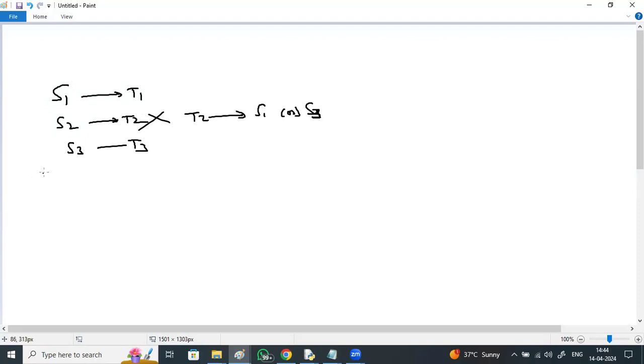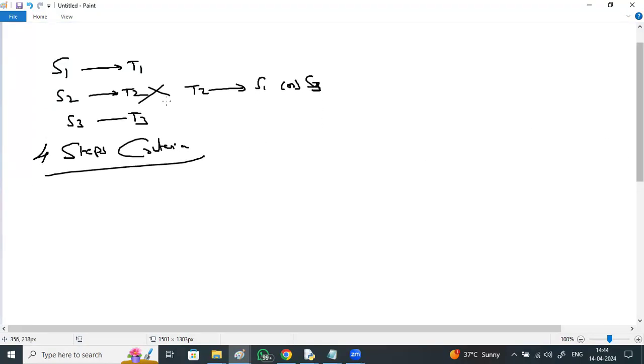So here we have got a 4 steps criteria, right? In assigning a particular task to a slave, 4 steps criteria. First step.